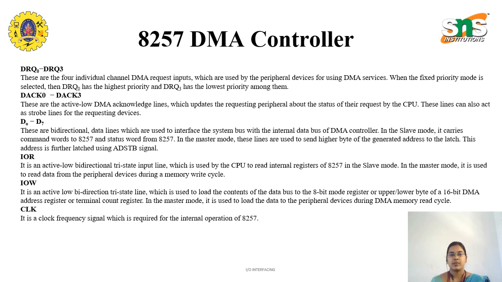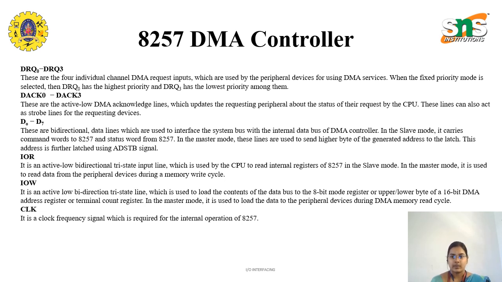D0 to D7 are the bidirectional data lines which are used to interface the system bus with the internal data bus of the DMA. In slave mode, they carry command words to 8257 and status words from 8257. Next is IOR. It is an active low bidirectional tri-state line which is used by the CPU to read internal registers of 8257 in slave mode. In master mode, it is used to read data from the peripheral device during the memory write cycle.